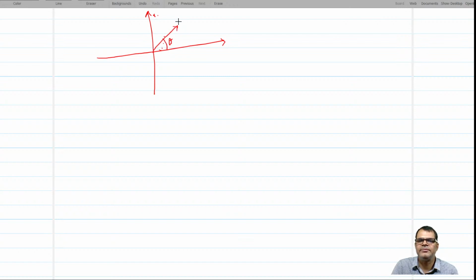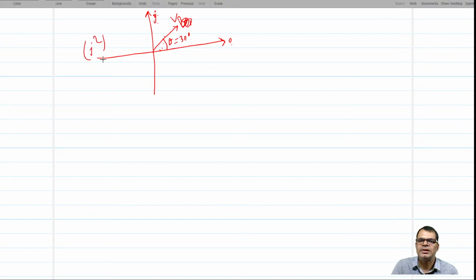For example, any voltage, let's say V2, the theta is 30 degree. This axis represents 0 degree, real. This is the imaginary axis, 90 degree. This represents j square.